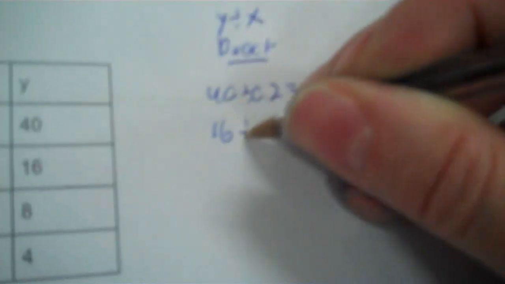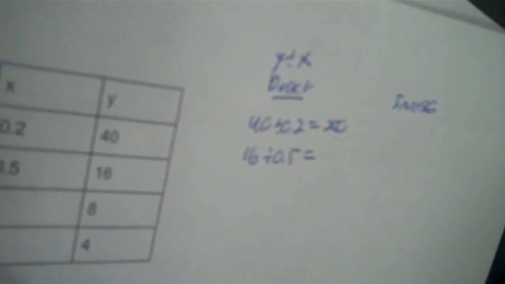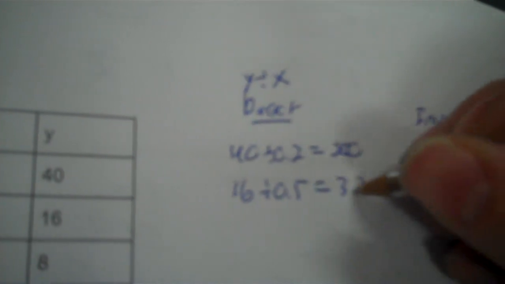Let's keep going. Direct, inverse. So direct, y divided by x. So 40 divided by 0.2 is 200. Now 16 divided by 0.5 is 32, so I know it's not direct.